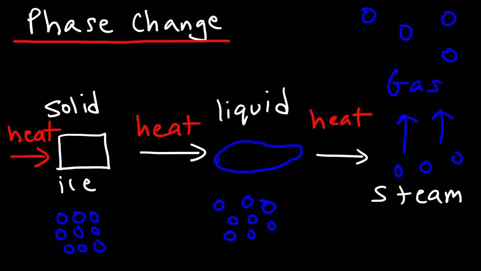If we remove heat from a gas, it can condense back into a liquid. And if you take away heat from a liquid, like if you put a cup of water in a freezer, it's going to solidify into ice. And so you can control the state of matter that a particular substance is in by either increasing or decreasing the temperature, by putting heat into it or removing heat from it.